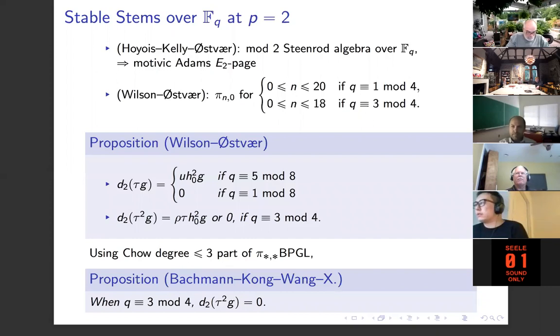Have you determined any motivic Adams differentials over number fields? That's a great question. That's certainly something we thought about doing, but we haven't started anything yet. Do you have suggestions of which number field in particular we should think about?